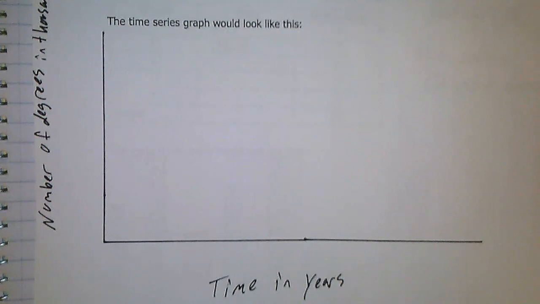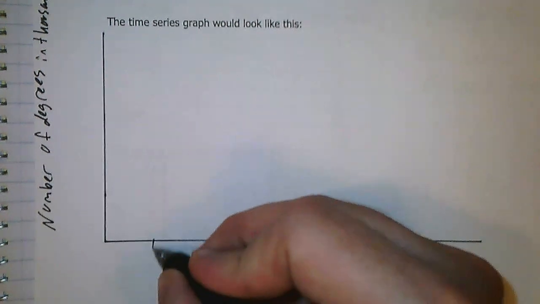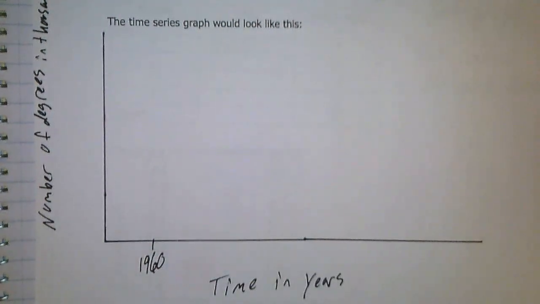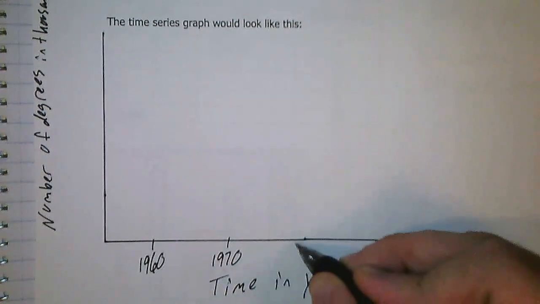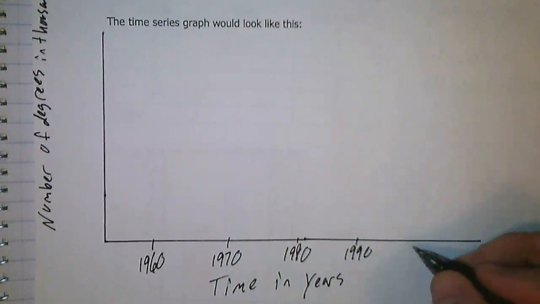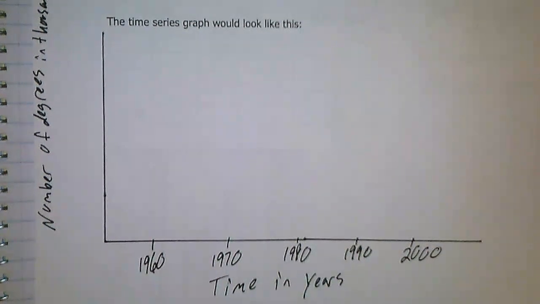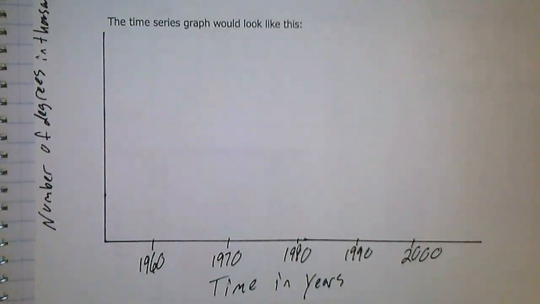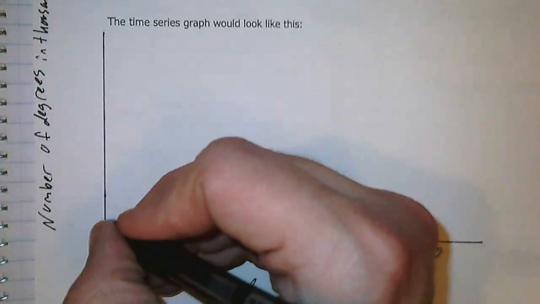We will start. We don't need to do the double bars. I know that's probably confusing, but that's only on the histogram and bar graphs. Here, we're going to start at 1960, go to 1970, 1980, 1990, and 2000. And the number of degrees, well, it's off the page here, but on the vertical axis, we want a scale beginning with 0.